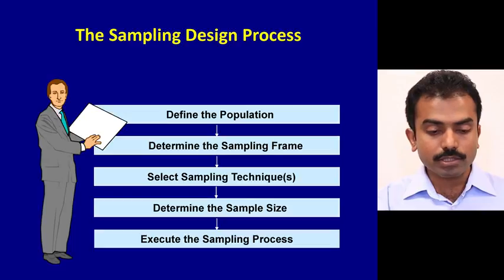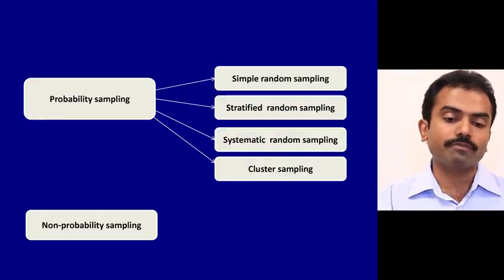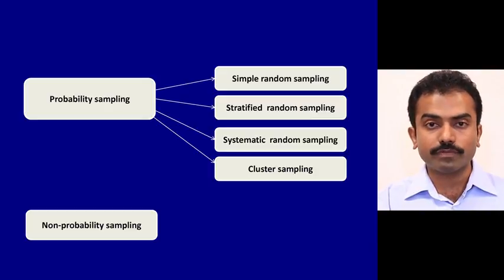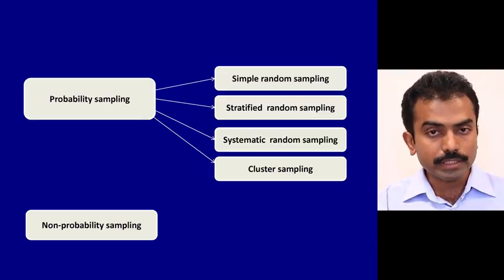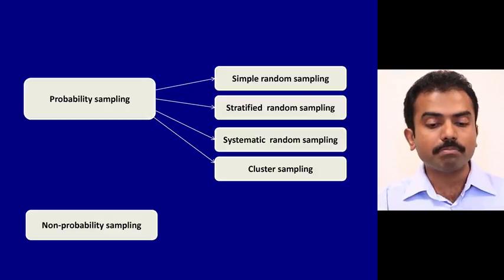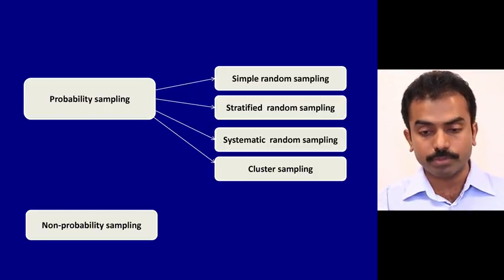So let's look at the types of sampling that we have. Broadly, there are two kinds of sampling: probability sampling and non-probability sampling. Probability sampling means that each member of the population has a known non-zero probability of being selected into the sample.